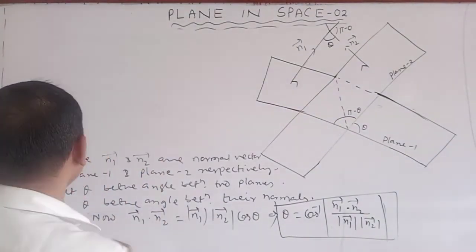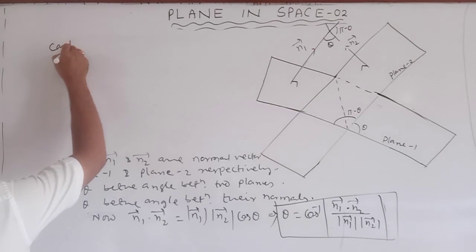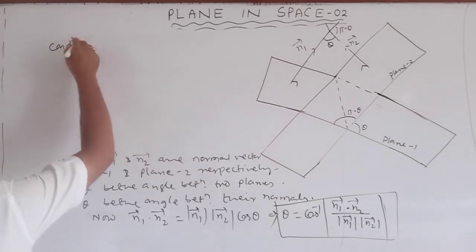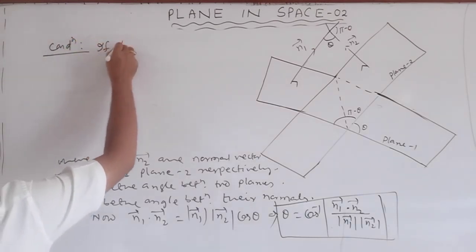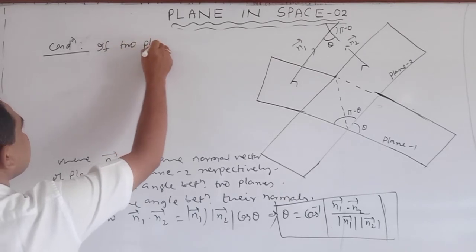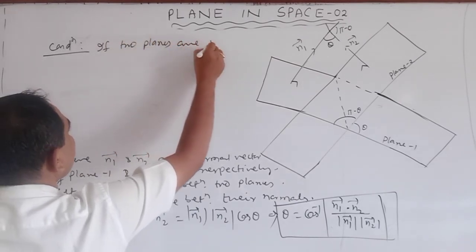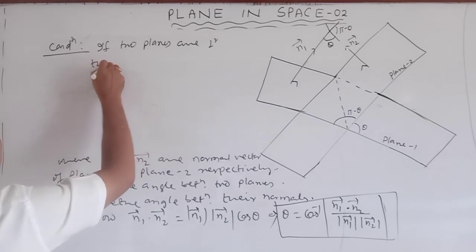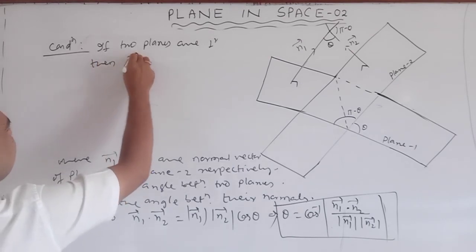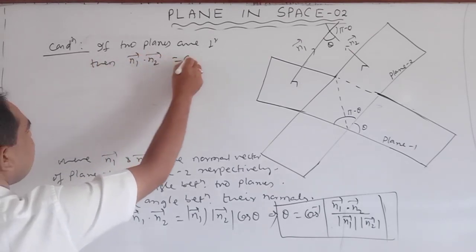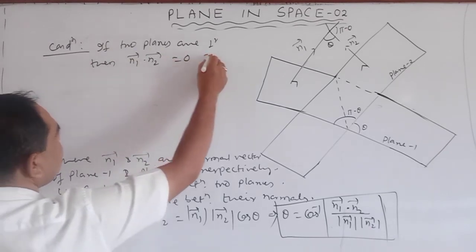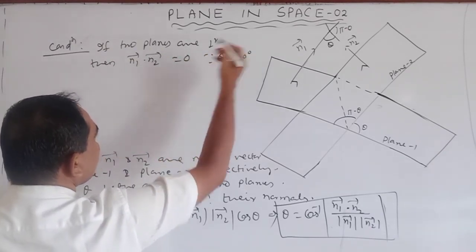Condition: if two planes are perpendicular then n1 vector dot n2 vector will be 0, because theta is 90 degrees, so cos 90 is 0.